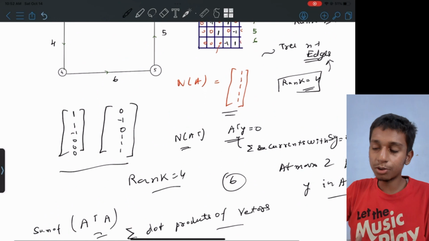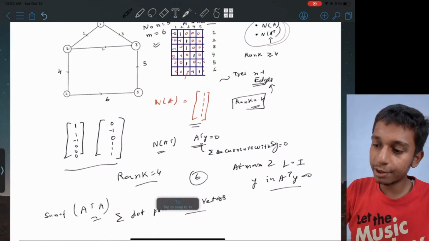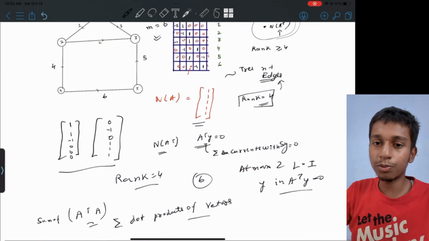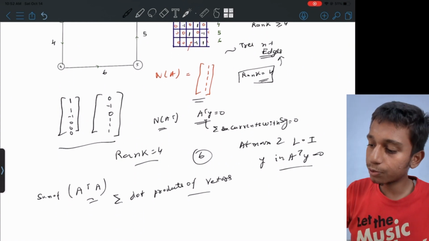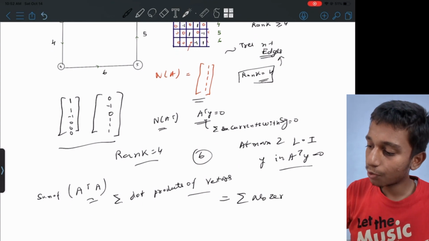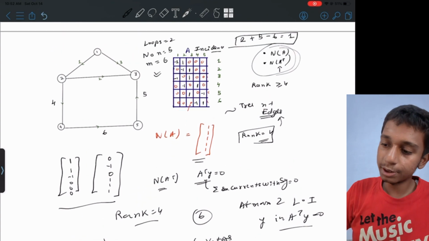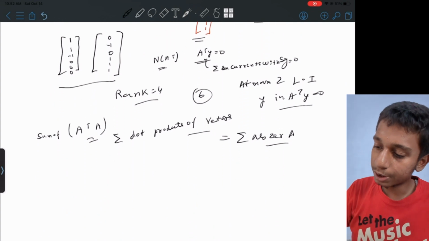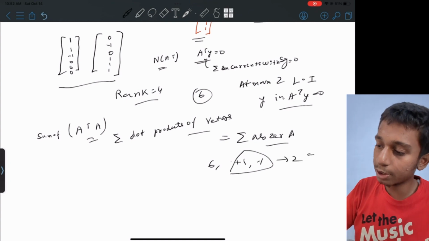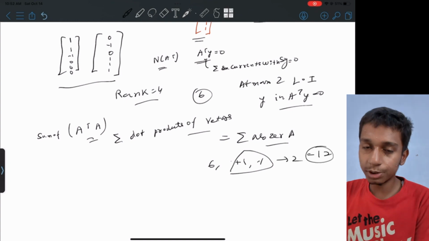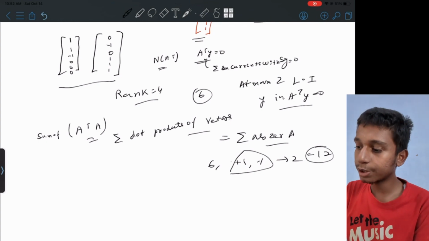Since the values are only of magnitude 1 or 0, the values would be only the sum of all the non-zero entries of A. And since we know that there are a total of 6 edges, and each edge corresponds to 1 plus 1 and 1 minus 1, each edge corresponds to 2 non-zero entries. So the sum of all entries of A transpose A would be 12.